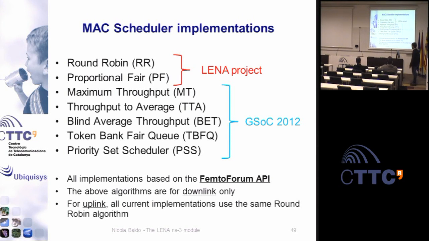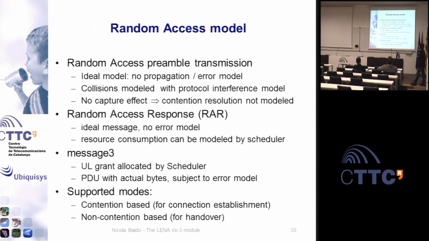We have a MAC random access model, which is a bit simplified. The simplifications are mostly for the preamble transmission. In particular, we have a kind of ideal model of preamble. Whenever a preamble is sent, it's always received correctly unless it collides in the same cell with another preamble with the same identifier.